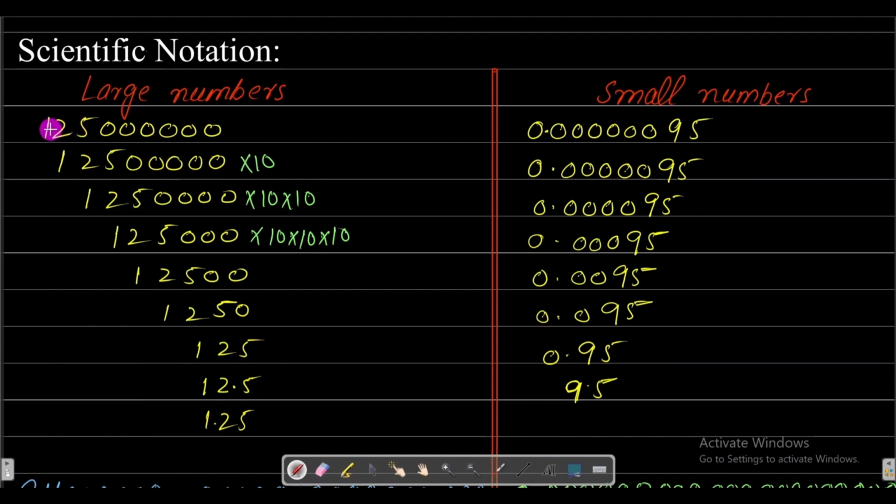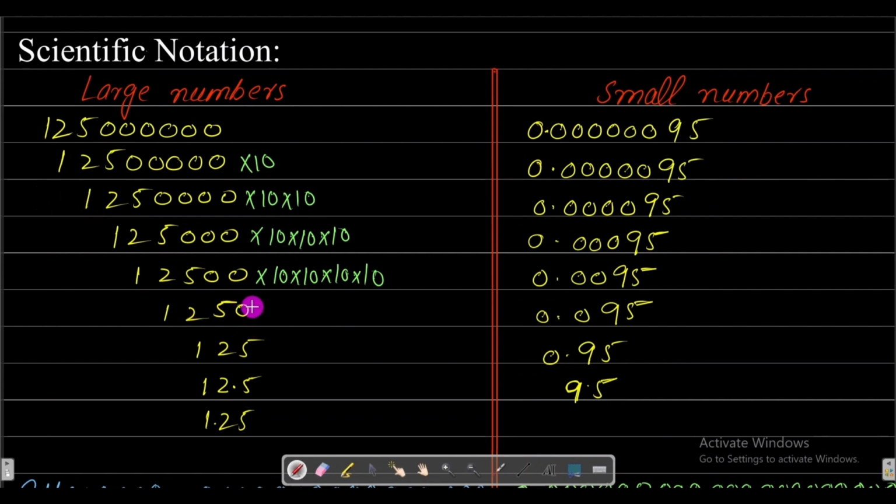Similarly, this number is actually the division of the original number by 4 times of 10. In order to maintain its magnitude, we will multiply this number by 4 times of 10. So the magnitude of this number and this number will be the same.